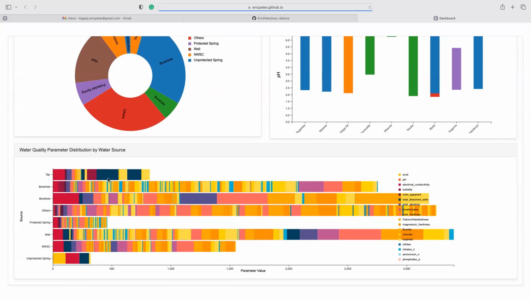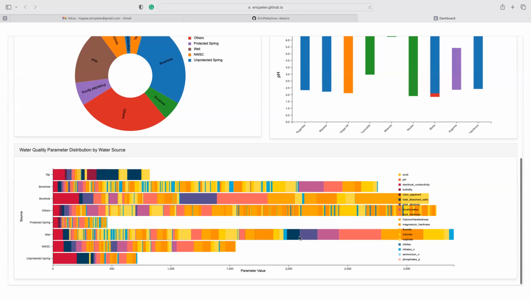For example, we see the tap water has a lot of dissolved salts parameters, but also we have to recognize that most of this data can conduct electricity. So it is highly conductive when you look at the color map key here, and that we are able to understand into the source level of the data and so on and so forth.